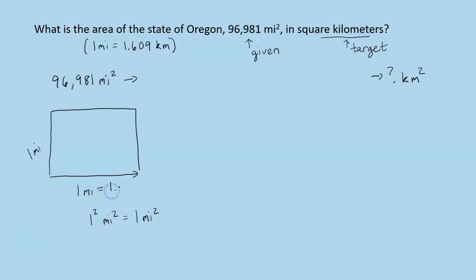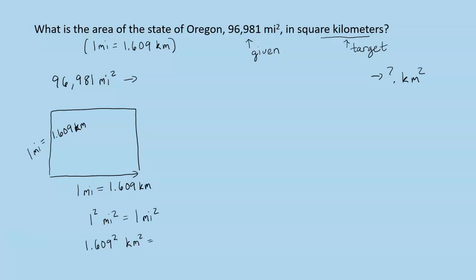Because 1 mile is equal to 1.609 kilometers, and by 1.609 kilometers. So we've got to square the 1.609 as well as the kilometers, and you'll find that that does not come out to be 1.609.